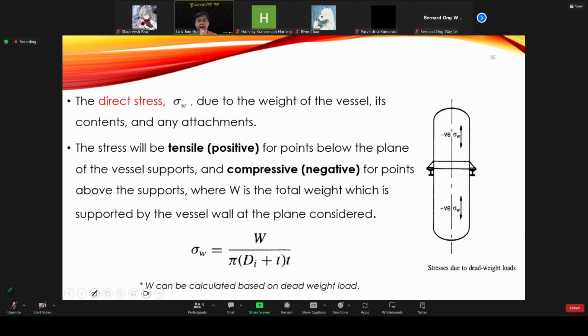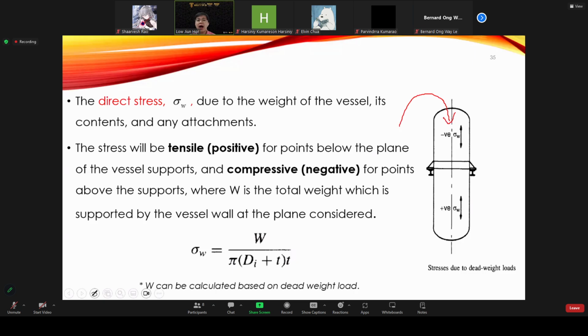Besides that, as I told you just now, if you transfer process fluid into the pressure vessel, you need to consider the weight that is going to be supported by the pressure vessel as well.